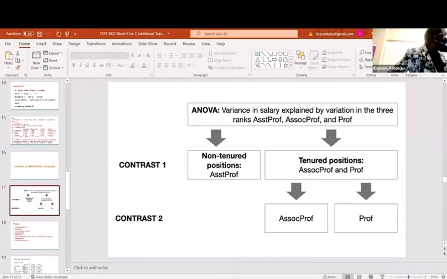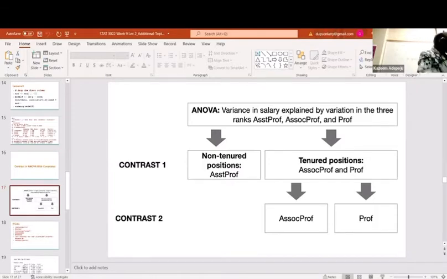We have assistant professors, associate professors, and professors. How many levels in terms of rank? We got 3, right? Assistant professor, associate professor, and professor. Because we got 3 levels, how many contrasts are we likely going to have? It's going to be 2.